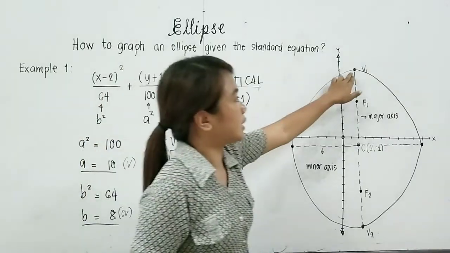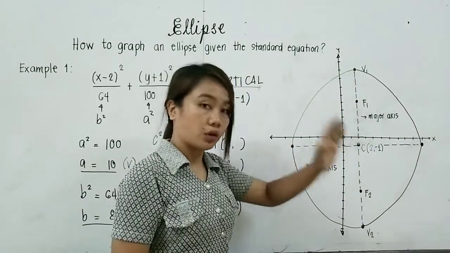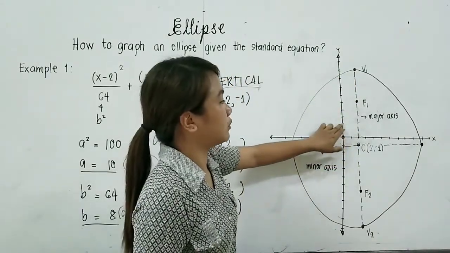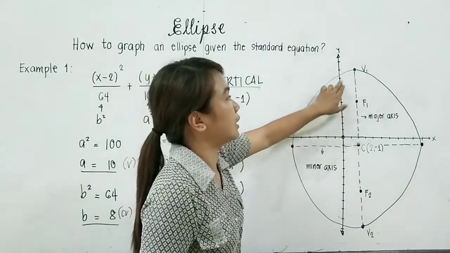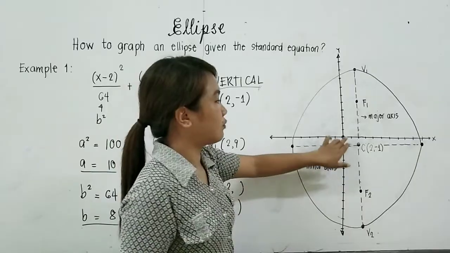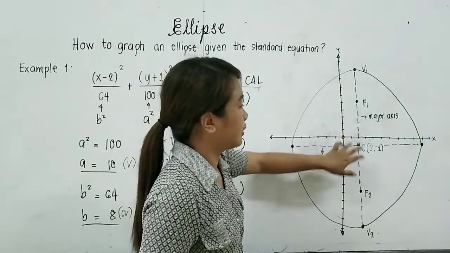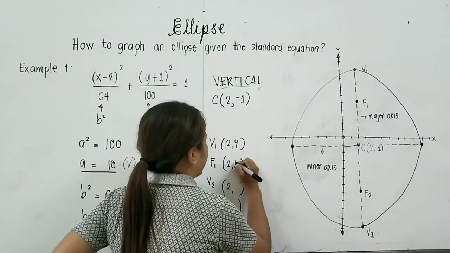So V sub 1 is here, so we will count from the origin because we are finding the coordinates. From the origin, 1, 2, 3, 4, 5, 6, 7, 8, 9. So we have positive 9. For F sub 1 from the origin again, 1, 2, 3, 4, 5. So we have positive 5.